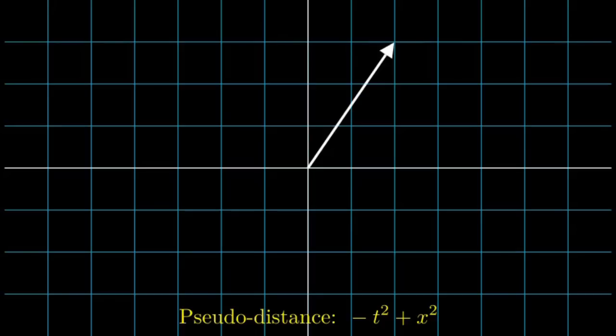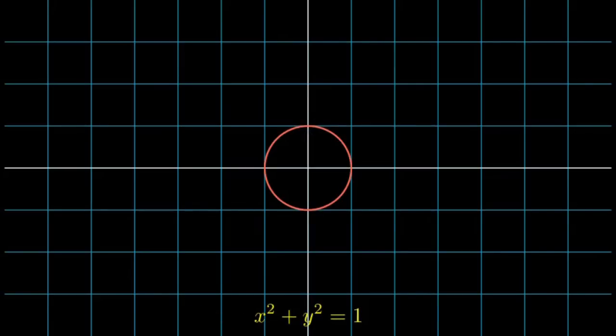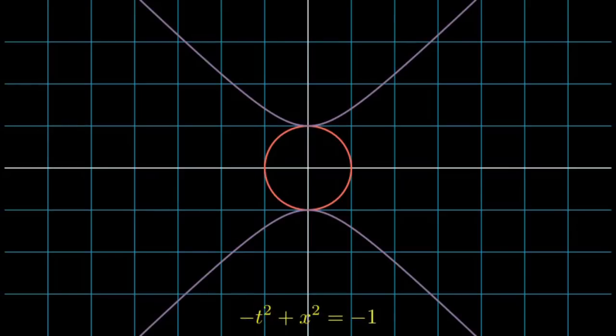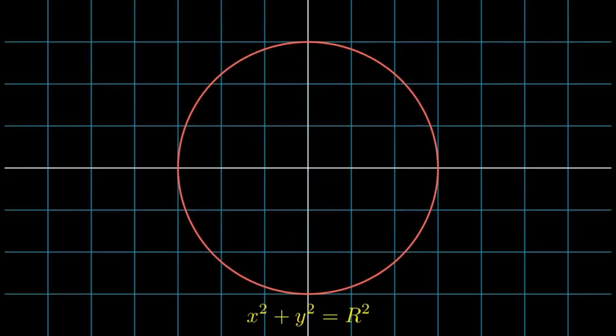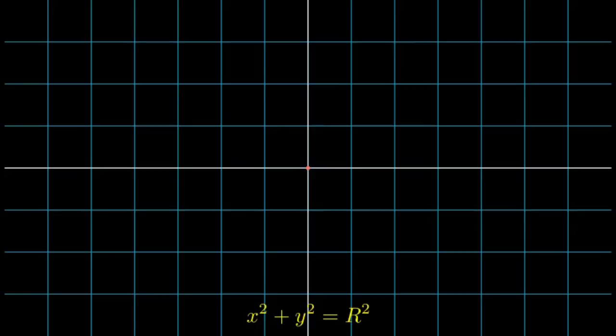Now, one thing we can do is compare the idea of surfaces of constant distance away from the origin. For Euclidean distance, this is a circle. For pseudo-distance, instead we get a hyperbola. Now, returning to circles, we can rescale the circle, and by doing this we can get circles of any radius except for the degenerate 0 radius case.